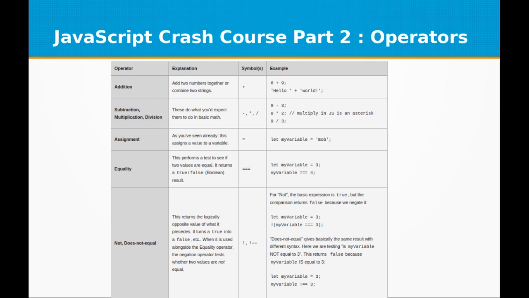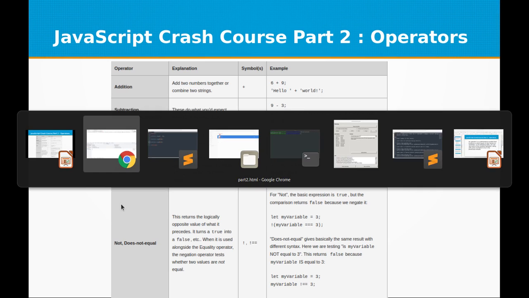The next operator is the assignment operator. As you have seen already, this assigns a value to a variable. For example, you want to define a variable called myVariable and assign a string like Bob to it.